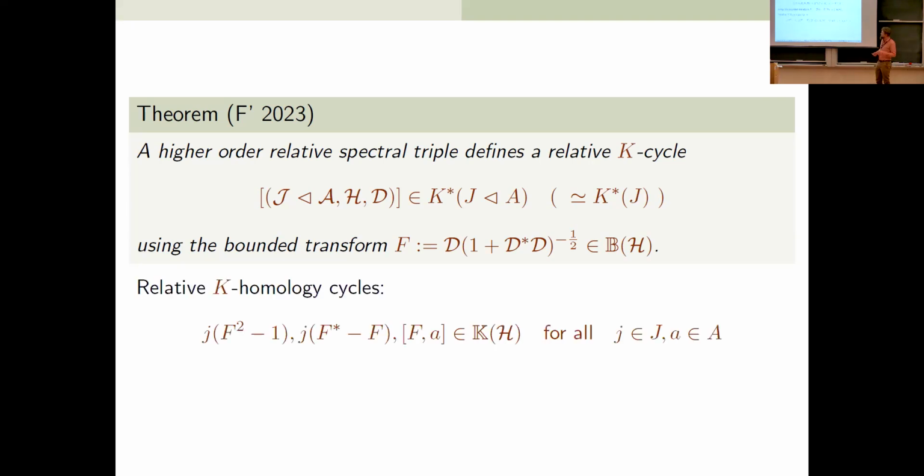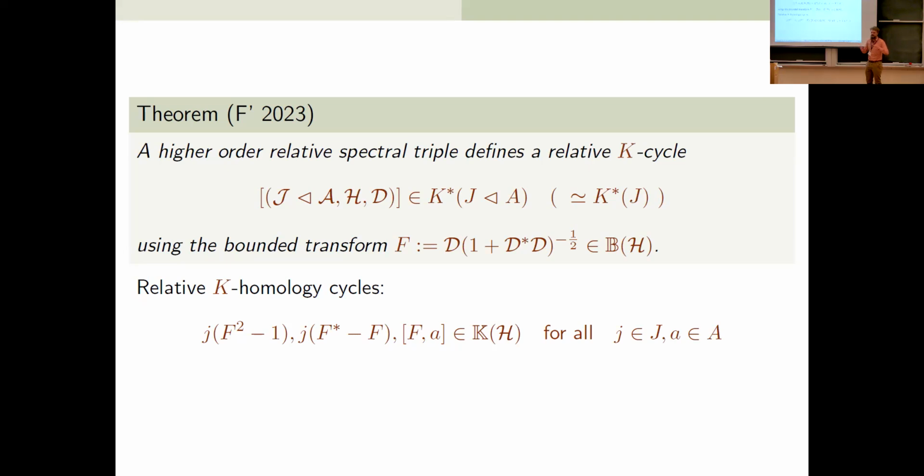Just to be clear, a relative K-homology cycle is kind of the same thing as a K-homology cycle, but instead you have J's here and an A in the commutator. So the commutator kills off what we think about in this geometric case of manifolds with a boundary.